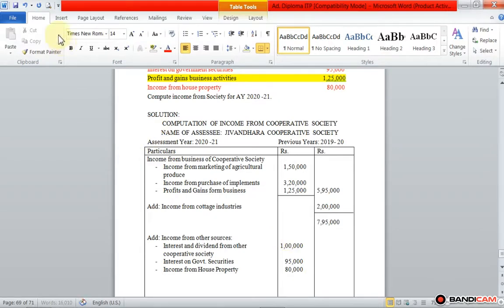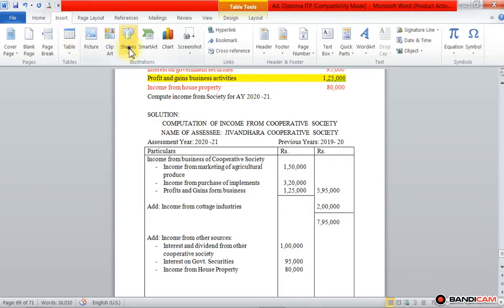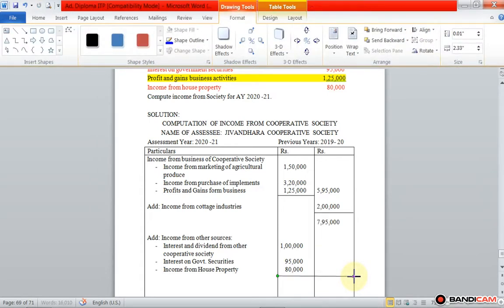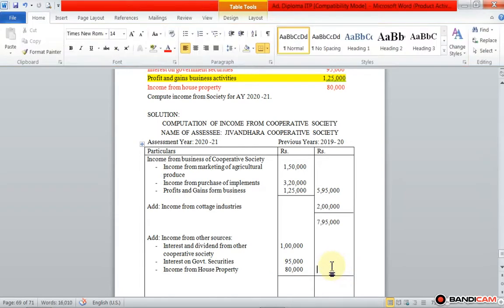Total income from other sources is 2,75,000. Add this 2,75,000 to 7,95,000, we get 10,70,000.